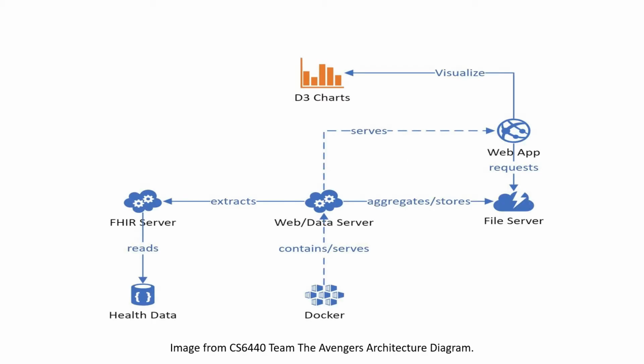So how are they used together? In our case, we are going to use a Docker environment and build Rancher servers on it. From the server, we will extract information from the Fire server, get the data, do the data aggregation to the Fire server, and then put it onto the web app and get the visualization on the web page.